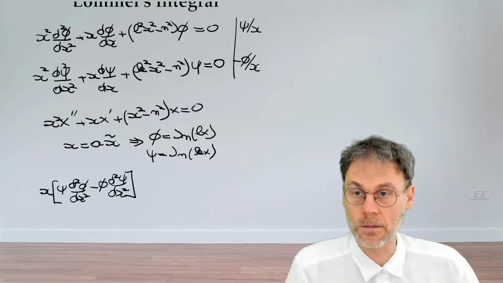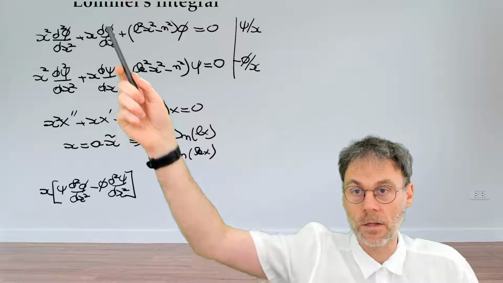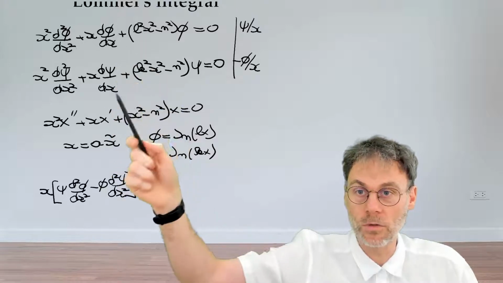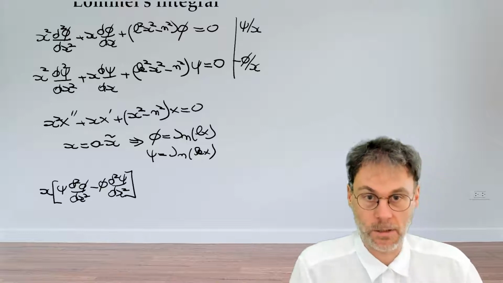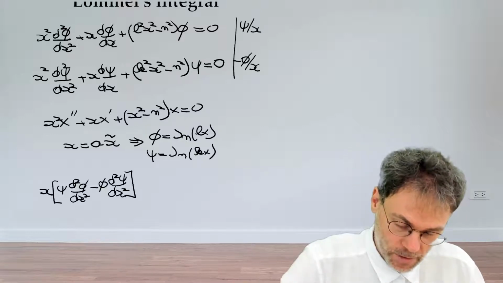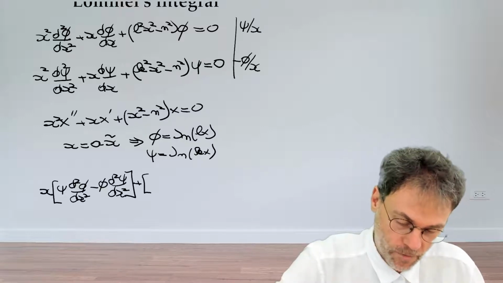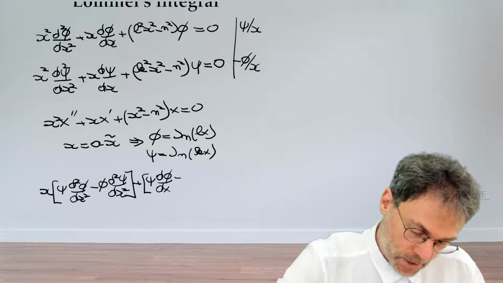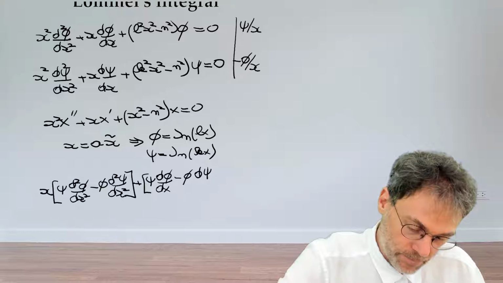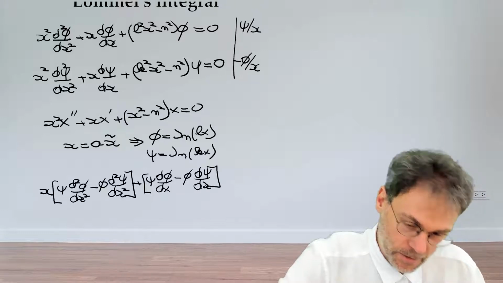Okay, that's good news, that's done. Then let's focus on these two terms here and combine them. So x divided by x, that just cancels out. And then we have psi dphi/dx minus phi dpsi/dx.